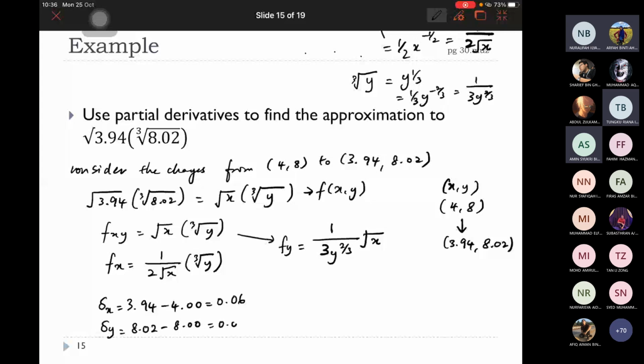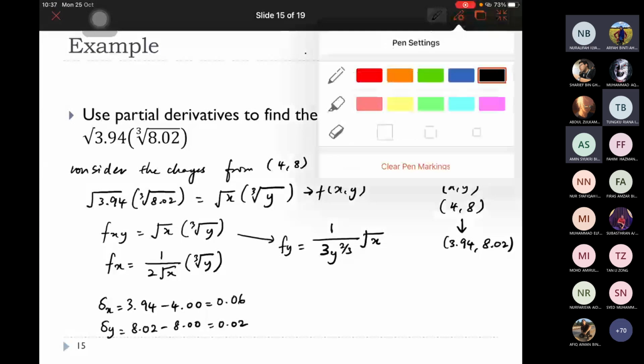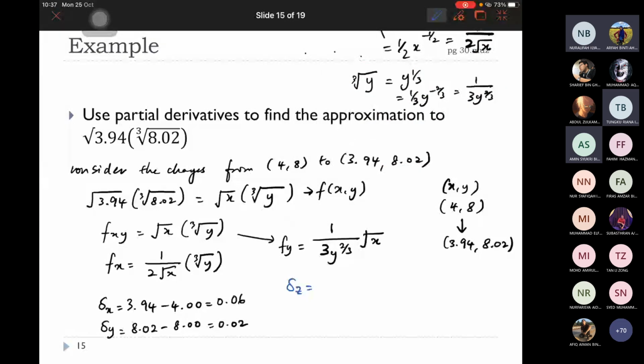akan sama dengan 1/2 set X darab dengan set 3Y tambah 1/3 Y kuasa 2/3 set X. Okey, darabkan dengan delta Y. Okey.